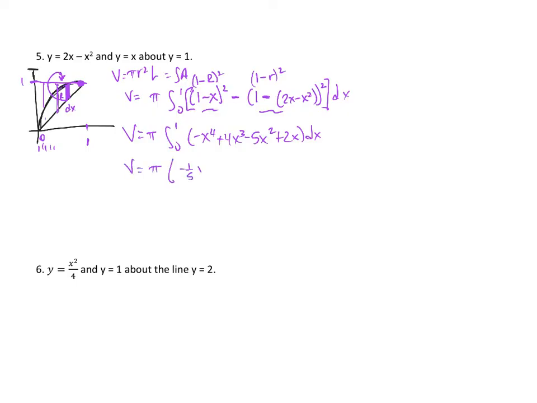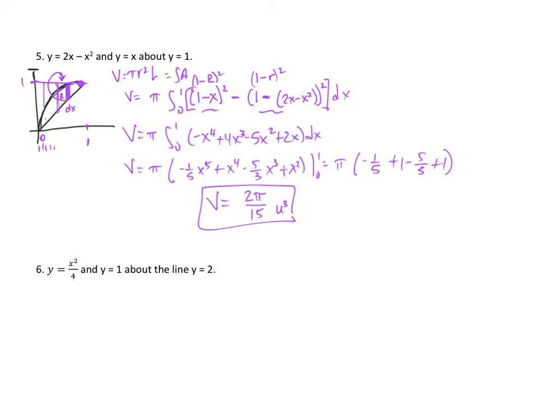You get negative 1/5 x to the 5th plus x to the 4th minus 5/3 x cubed plus x squared on the bounds from 0 to 1, which ends up being pi times negative 1/5 plus 1 minus 5/3 plus 1. So the volume ends up being 2 pi over 15 cubic units.